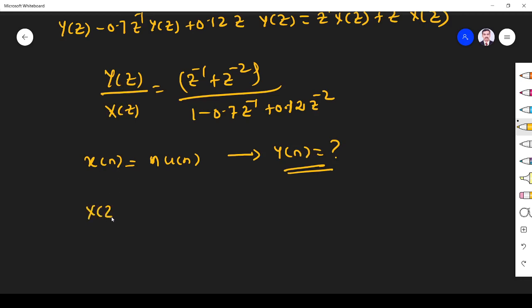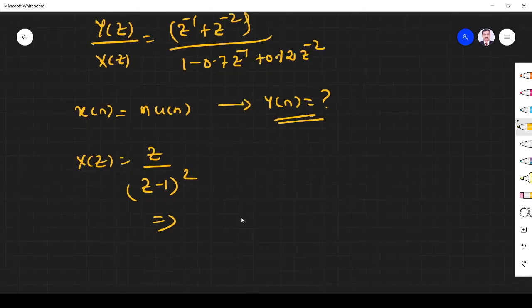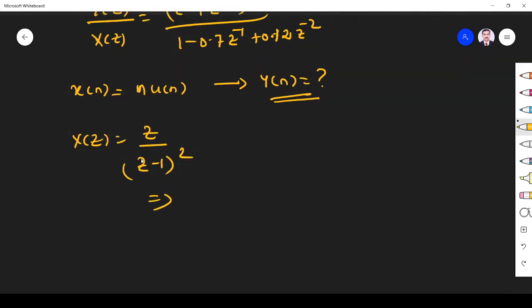What is the z transform of n into u of n? We know for n into u of n, the z transform is z by z minus 1 whole square. So substitute here. If you have any doubt, please refer to my video on finding the z transform of x of n equal to n into u of n, or any book you can refer.